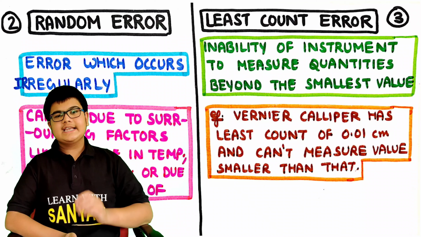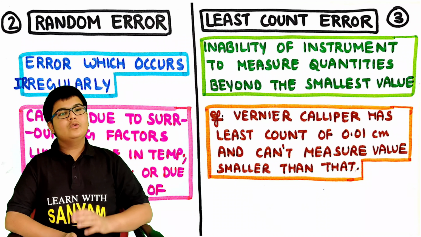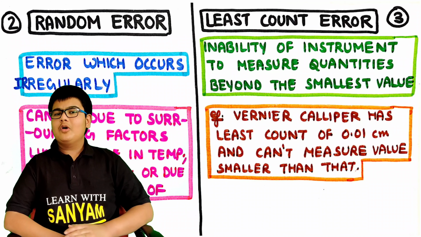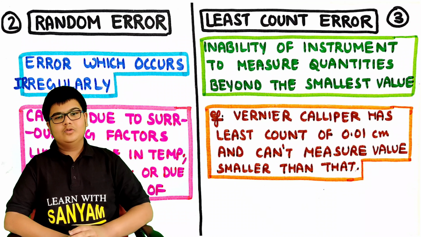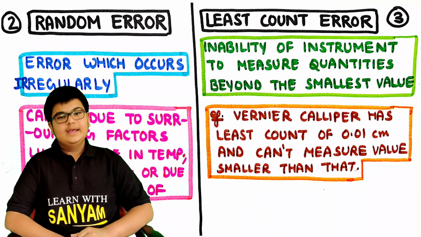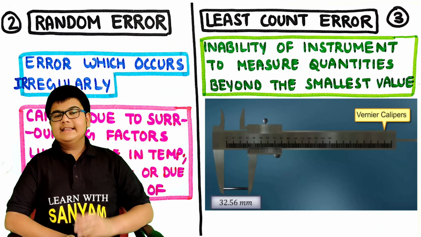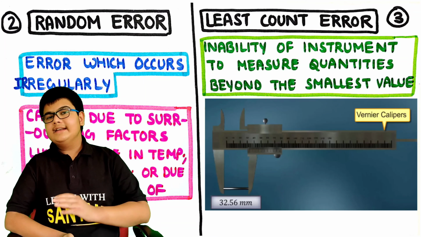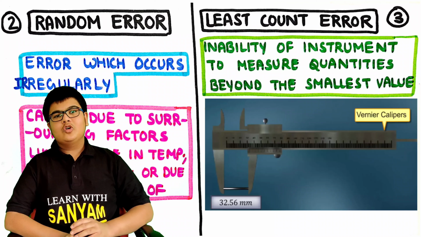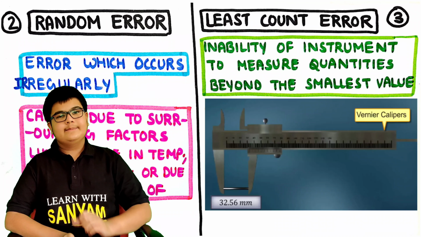And the third and last type of error is least count error. The inability of an instrument to measure quantities beyond the smallest value or least count is called least count error. For example, take the instrument vernier caliper. A vernier caliper has a least count of 0.01 centimeter.